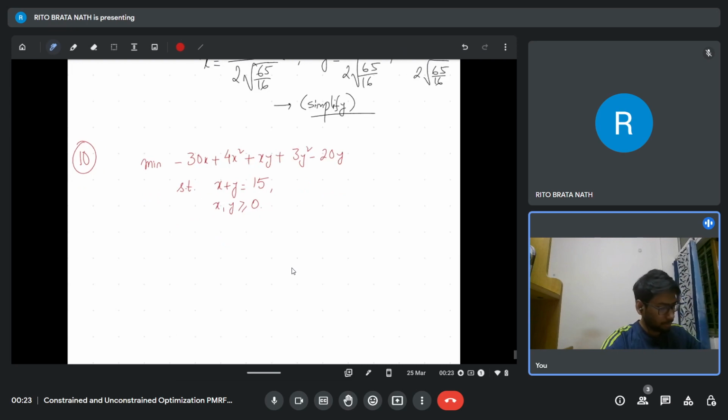So what you can do here is use Lagrange's method. So this is to solve.